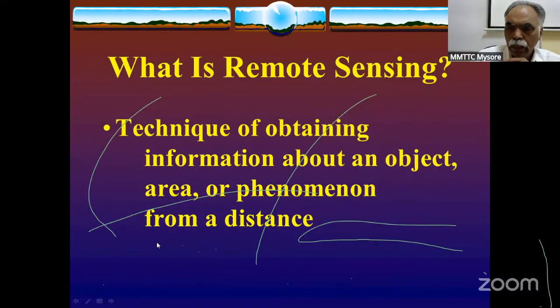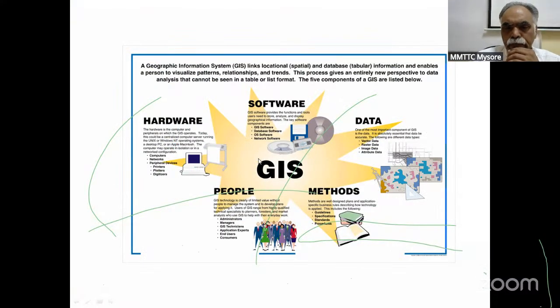So here you see, in a GIS we have the hardware, all the computer components. The software, as I already told you, the GIS software applications like ArcInfo, ArcGIS and MapInfo. There are many GIS software applications. Then we have the vector data and raster data.